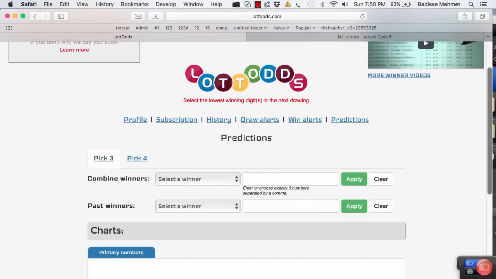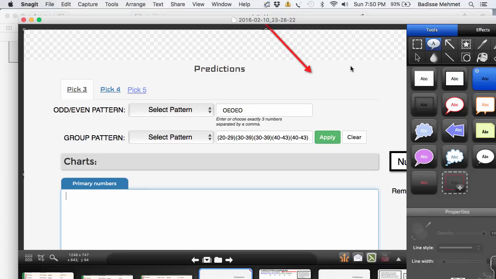Now the Cash5, this is how it works. It works differently because Cash5 is a little more complicated, and it works with the patterns of the numbers. There are two patterns we're working on. The first is the odd even pattern, and then the group patterns, the way the numbers come out.